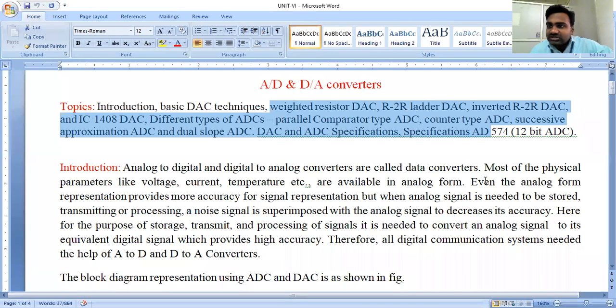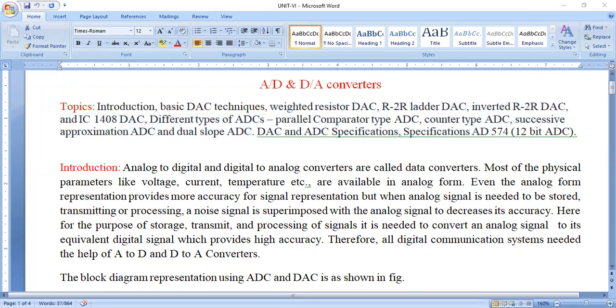Here the analog signal is converted into digital, and the digital signal is converted into analog. That makes the definition and objective of a data converter.